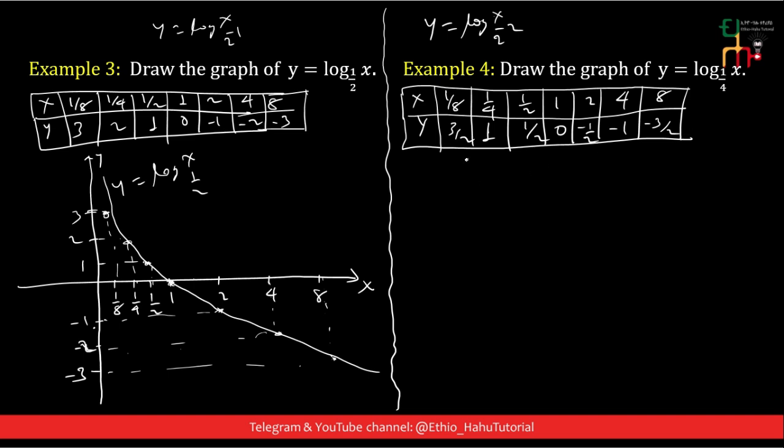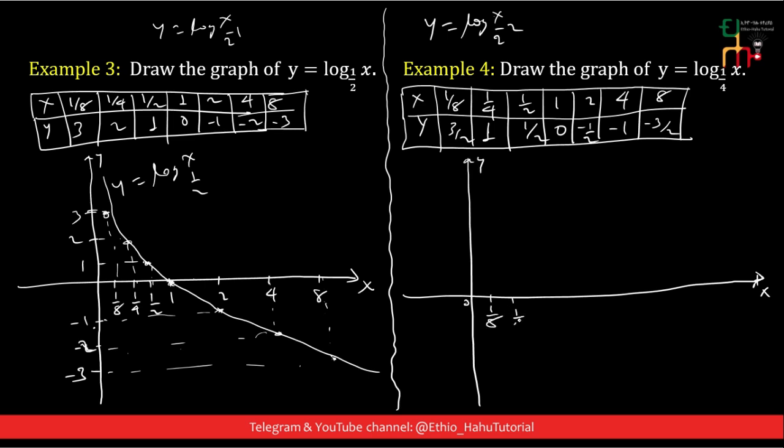If we draw this graph, x, y: 1 over 8, 1 over 4, 1 over 2, 1, 2, 4, 8; and y: 3 over 2, 1, 1 over 2, 0, minus 1 over 2, minus 1, minus 3 over 2. When x is equal to 1 over 8, y is 3 over 2. When x is equal to 1 over 4, y is 1.